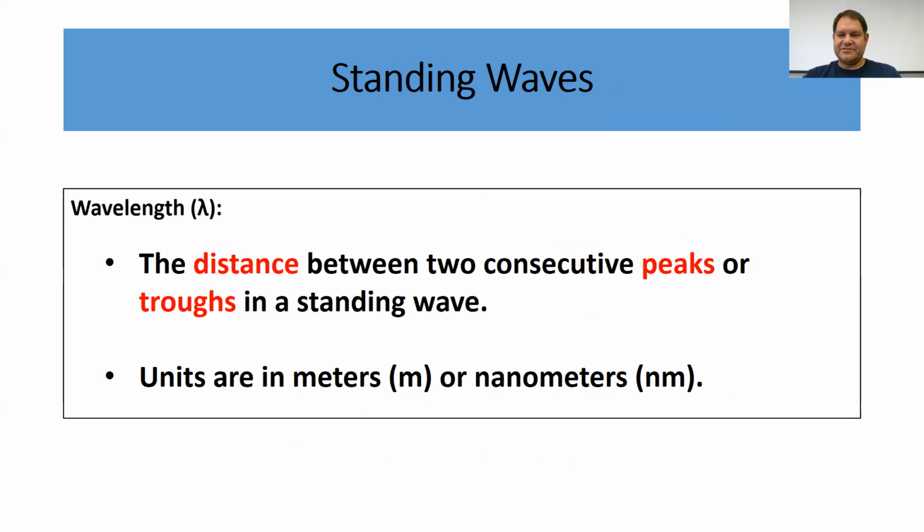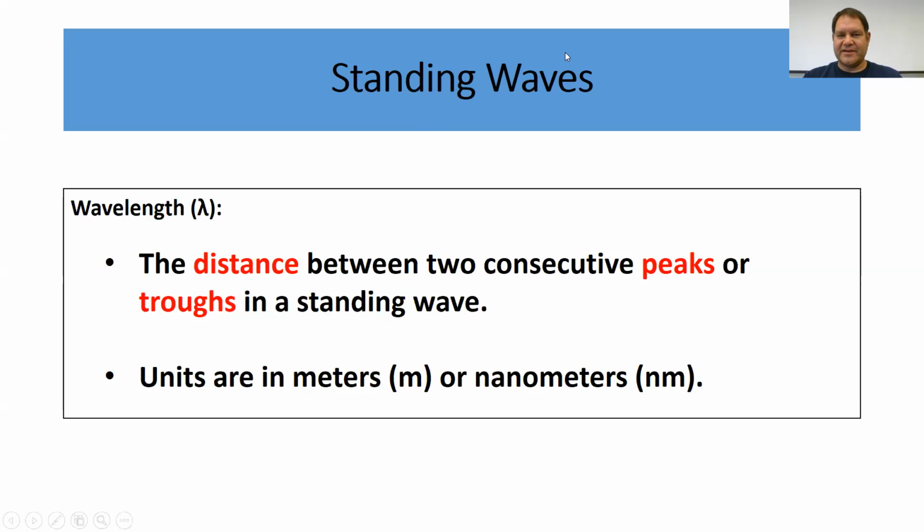All right, so here are some definitions of wavelength that you can put into your study guide or notes. Again, the wavelength is the distance between two consecutive peaks (crests) or troughs in a standing wave.